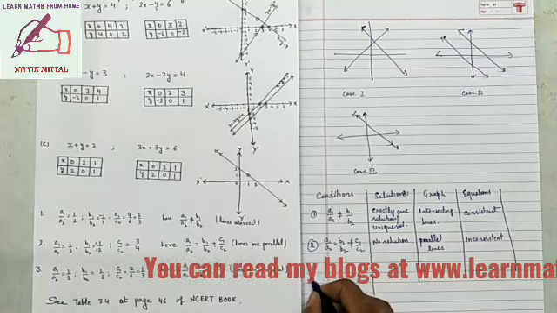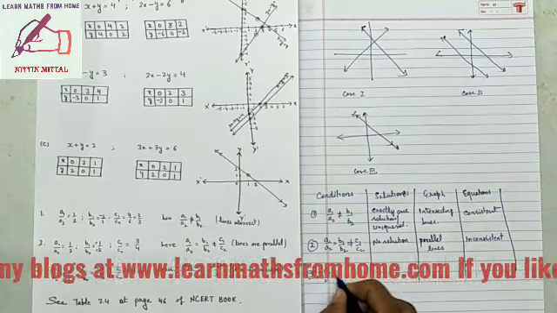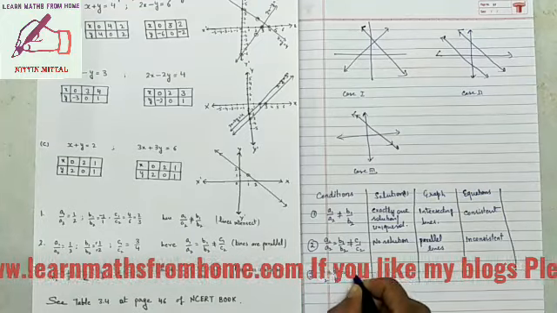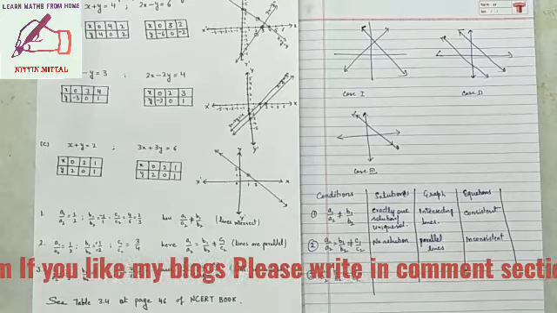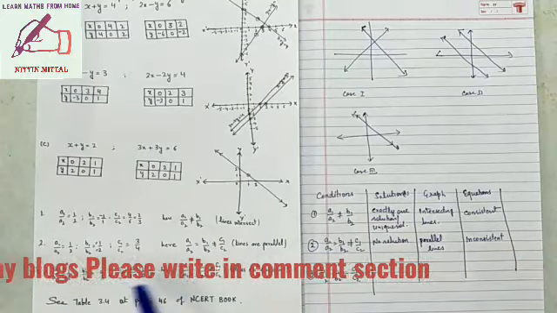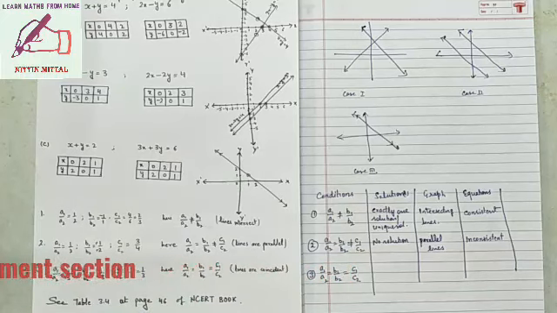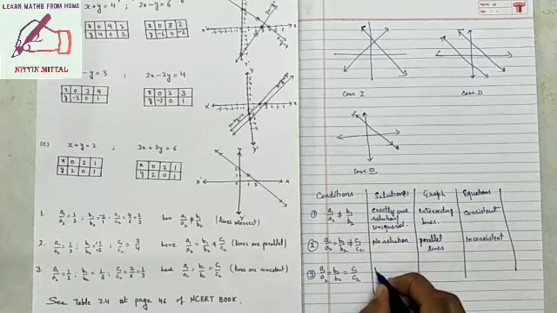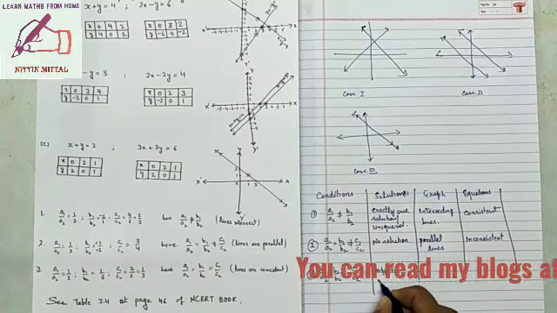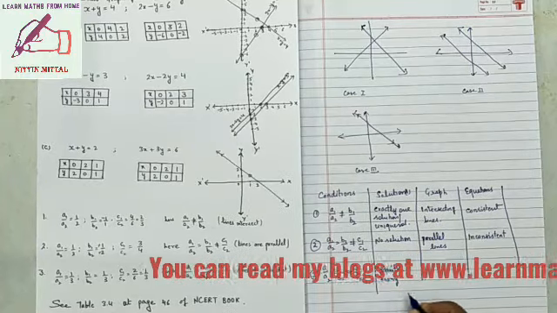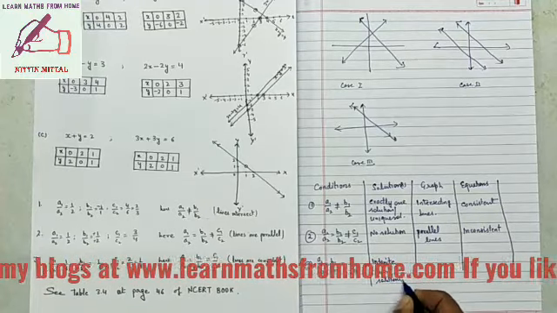Third situation, a1 over a2 is equal to b1 over b2 is equal to c1 over c2. All the three are equal. As we have already seen in the graph, whenever all three ratios are equal, equations will have infinitely many solutions, right?